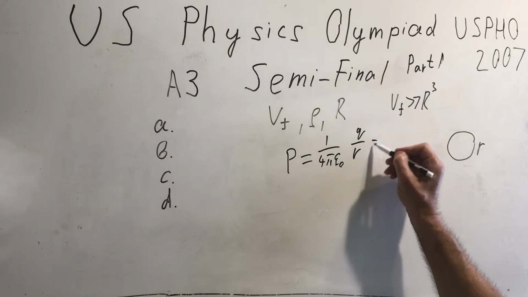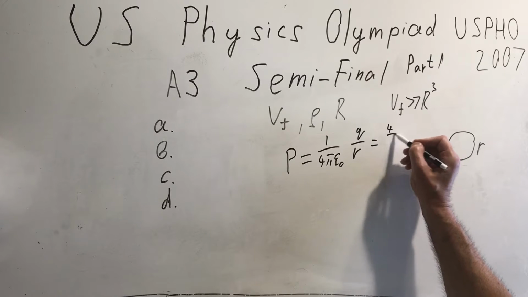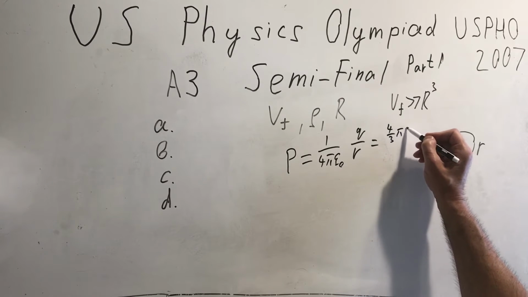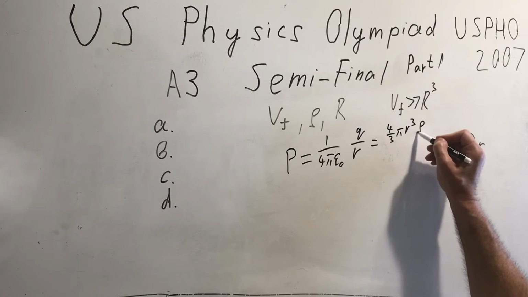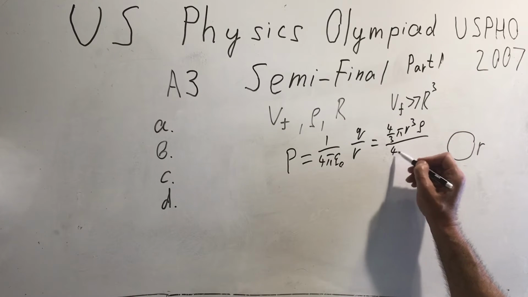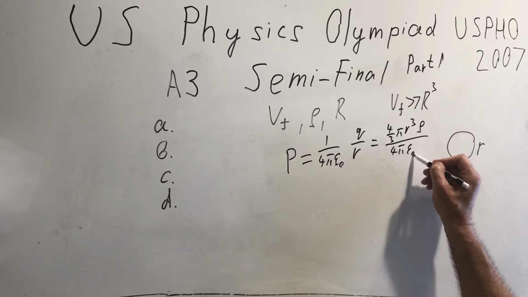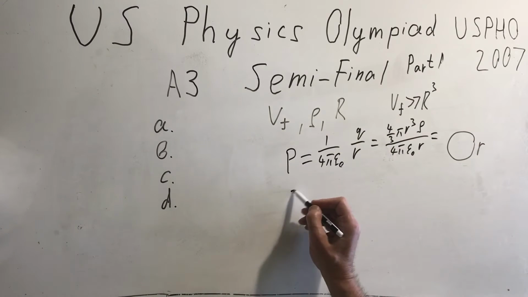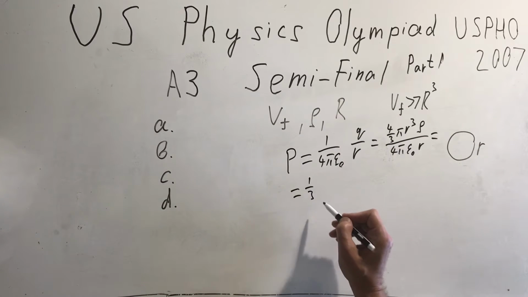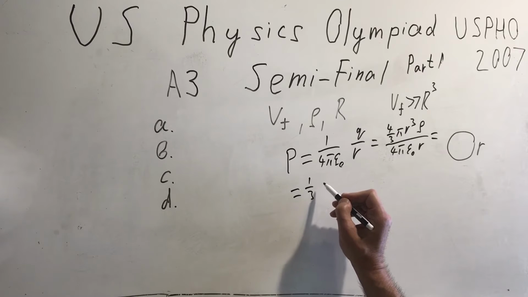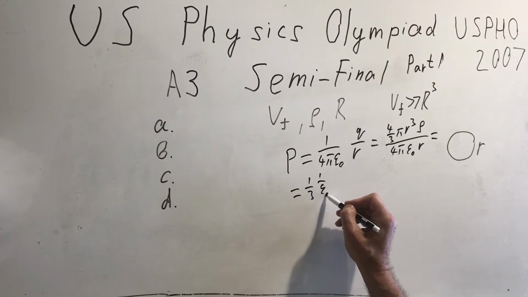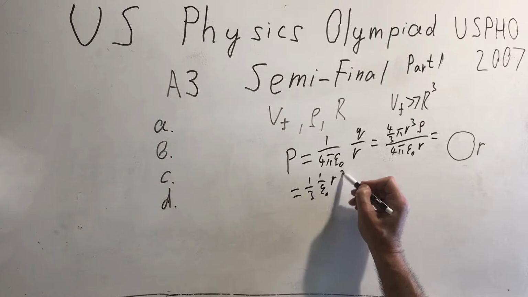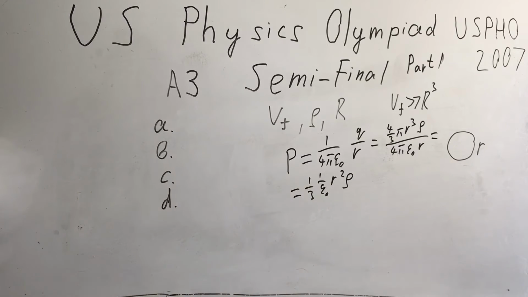So that will be 4/3 pi r cubed ρ over 4 pi epsilon 0 r, or 1/3 times 1 over epsilon 0 times r squared ρ. This is our potential on the surface of this drop.